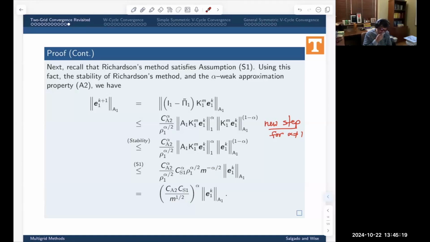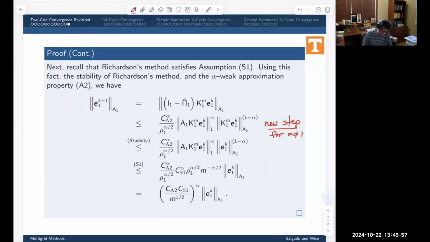But that's fine because I can still couple everything together in some big alpha power. I still get the cancellation of the spectral radii. That's an important feature. I still get a square root of m on the bottom if I factor out this power of alpha on the top. So again, I can still make this term as small as I please. It's just that it's going to be small, but when I take the alpha power, it gets a little bit larger.